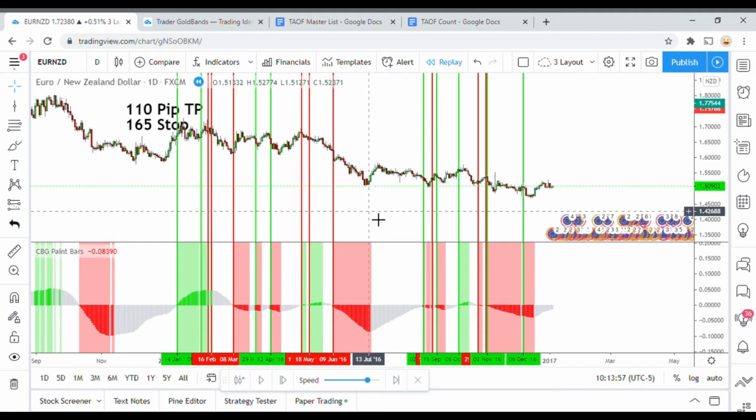It seemed to be a relatively decent indicator, and so that's why I'm kind of interested in possibly exploring opportunities with it.